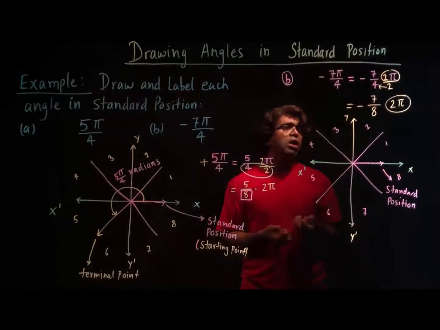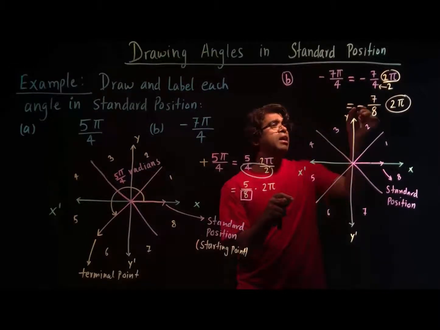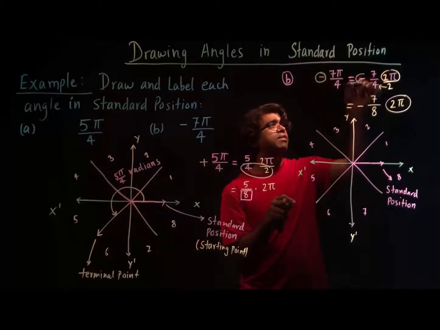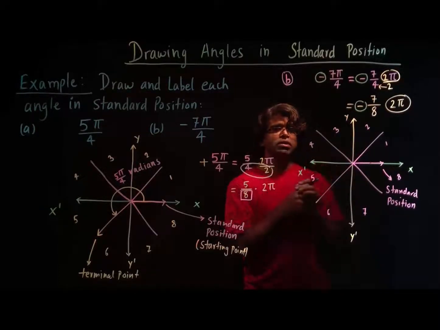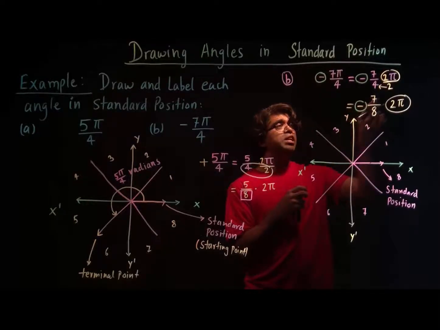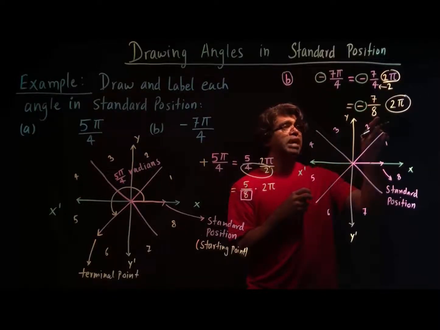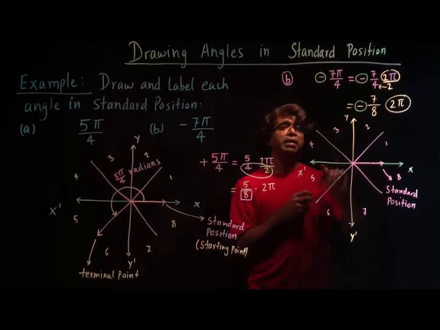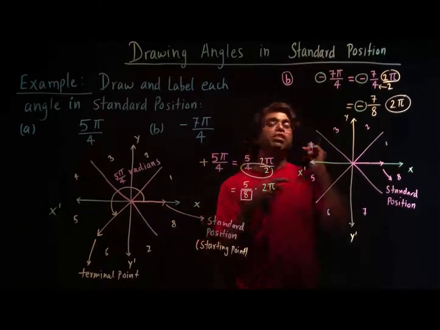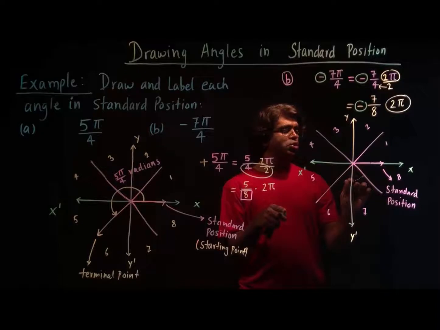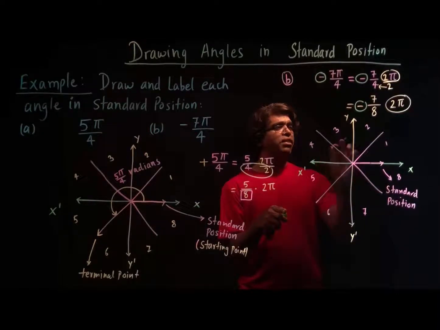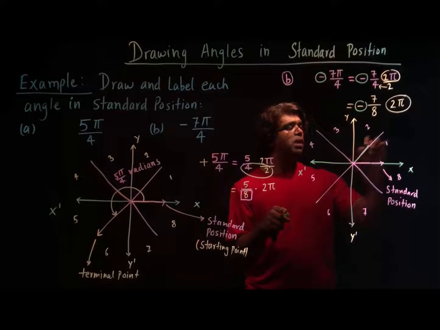Alright, now let's graph our angle. My angle is negative. What does negative mean, clockwise or counterclockwise? Yes, you're right, clockwise. So we need to go clockwise, and we need to consider 7 out of 8 parts of 2 pi, because one whole revolution is 2 pi. So we consider 7 parts clockwise: 1, 2, 3, 4, 5, 6, 7.